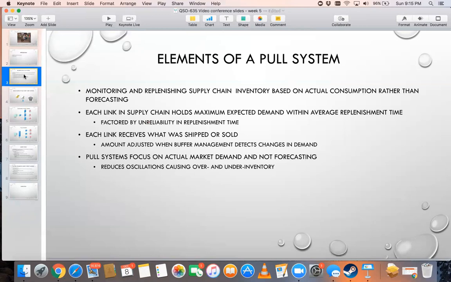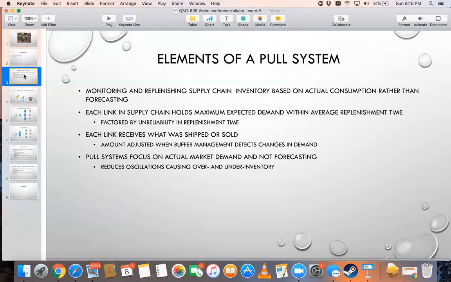Now, a lot of people say, well, Lean doesn't use forecasting. Well, they do in a sense. You still need to forecast, but you basically forecast based upon previous consumption, not current consumption.